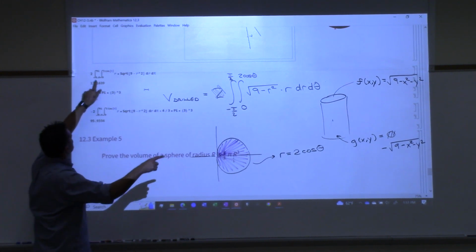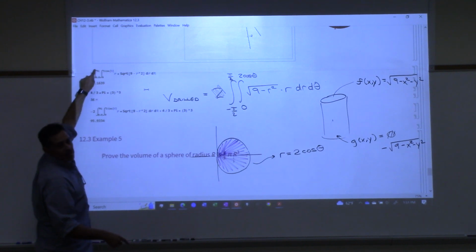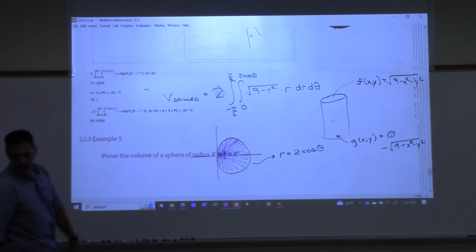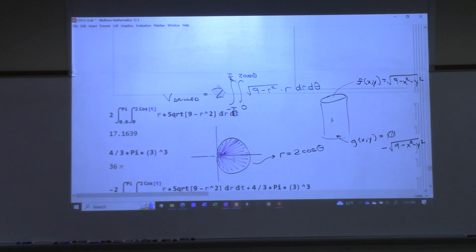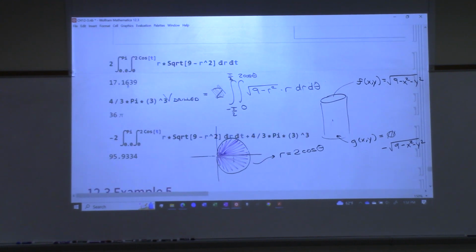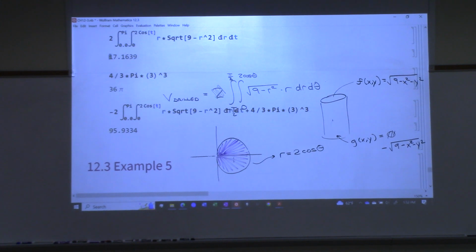If you do that double integral, I went 0 to pi on the computer. See that? 0 to pi. If you do that, then you should get 17.1639. And then I had the computer do 36 pi, and then I just put them together.